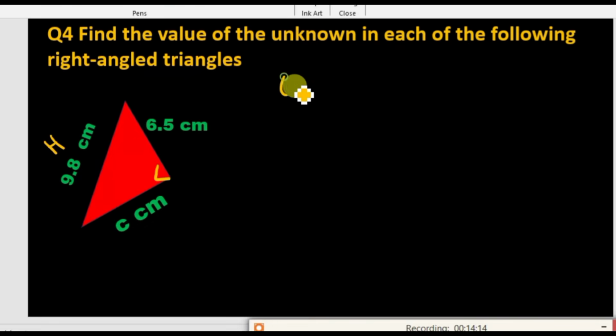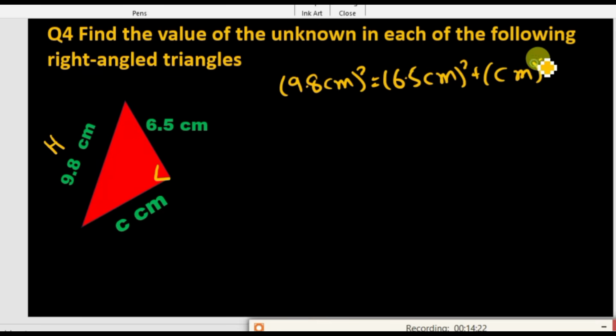Again, the formula is 9.8 centimeter square is equal to 6.5 centimeter square plus C centimeter square. When you multiply 9.8 into 9.8, the answer is 96.04.